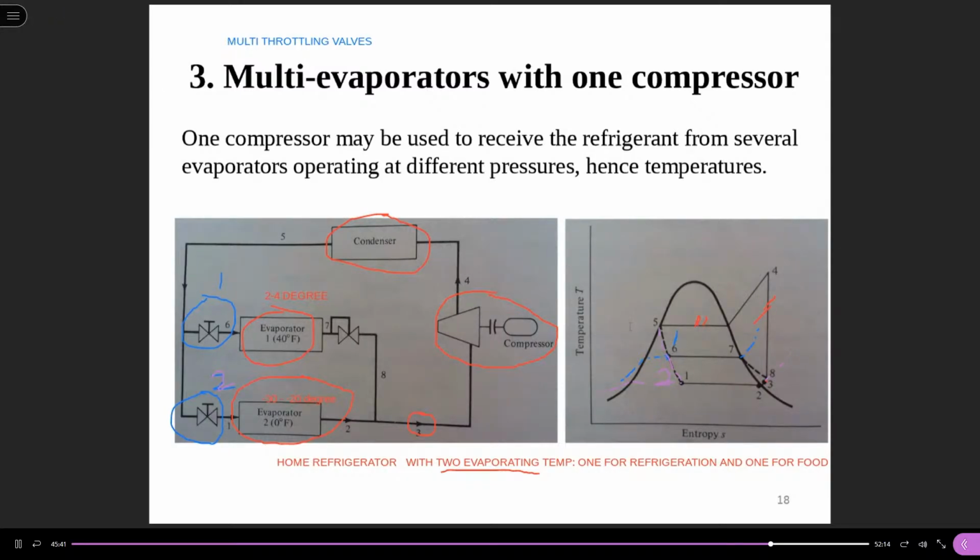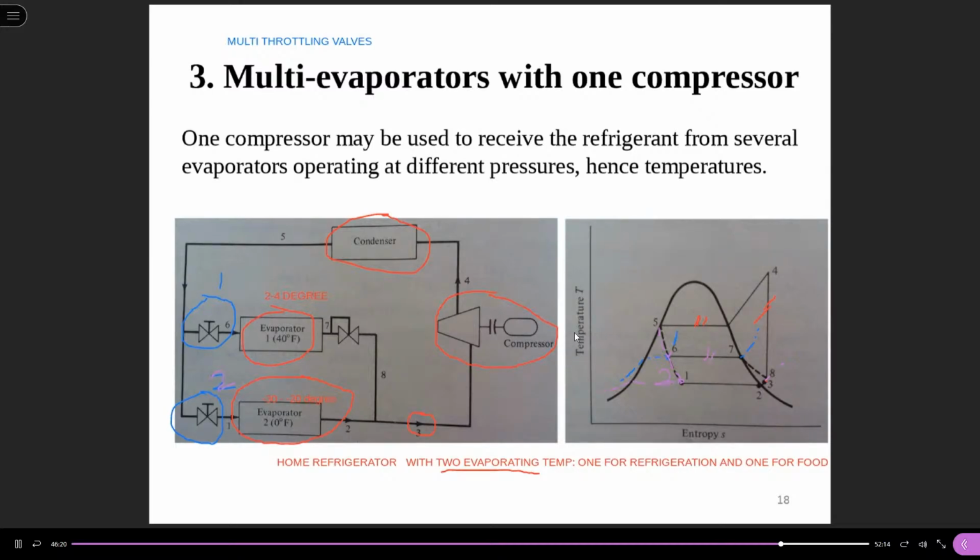So if one compressor serves multiple evaporators with different evaporating temperatures, we control the achieved evaporating temperature by the throttling valve. This is throttling valve 1. We throttle to state 6, a higher pressure, and if it's throttled to a low pressure, then the evaporating temperature will be lower. Thereafter, these are the same.